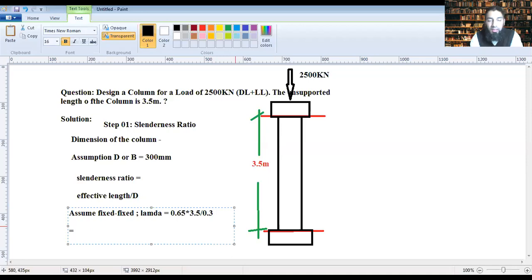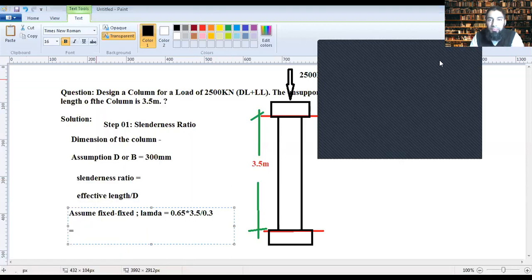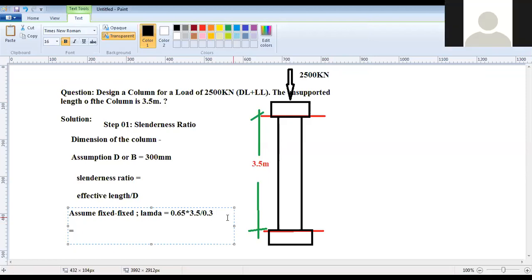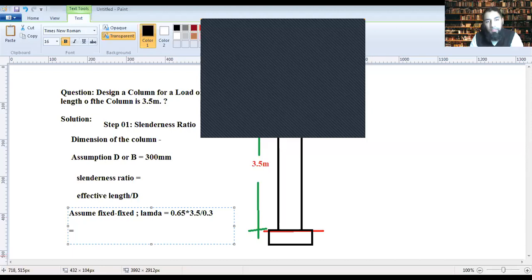Thereby, you have to keep the unit same. So this will be equal to 7.6.